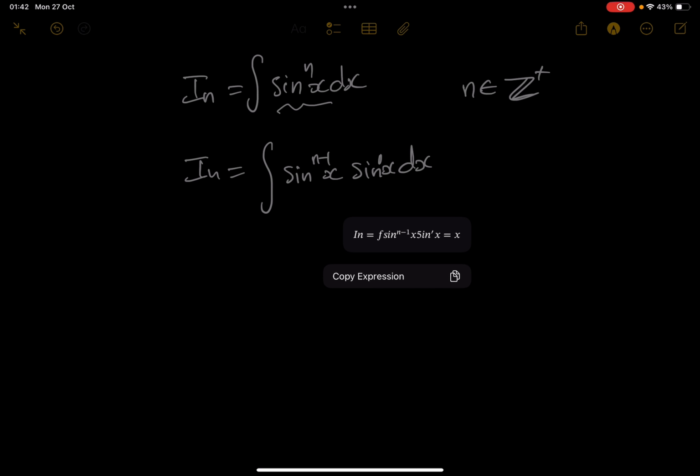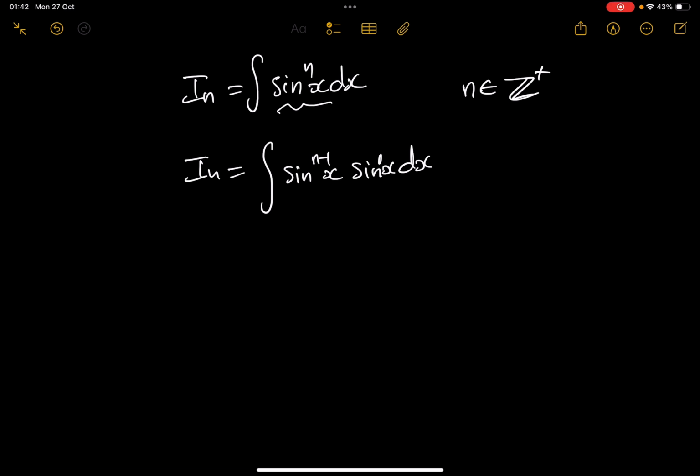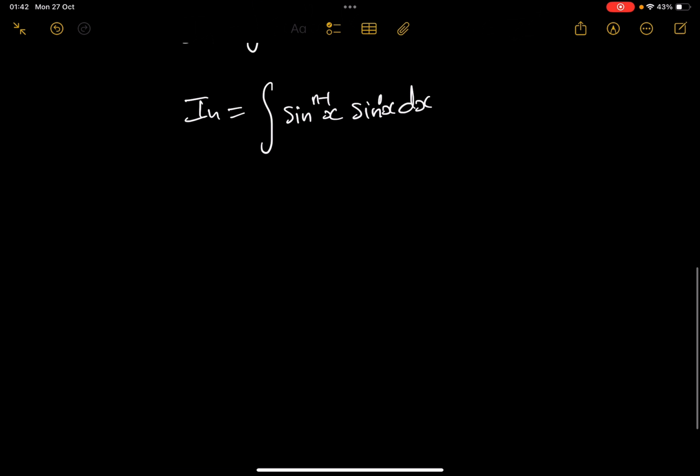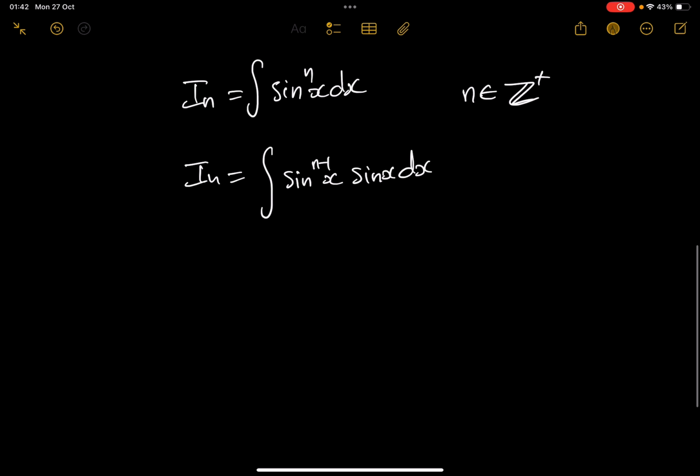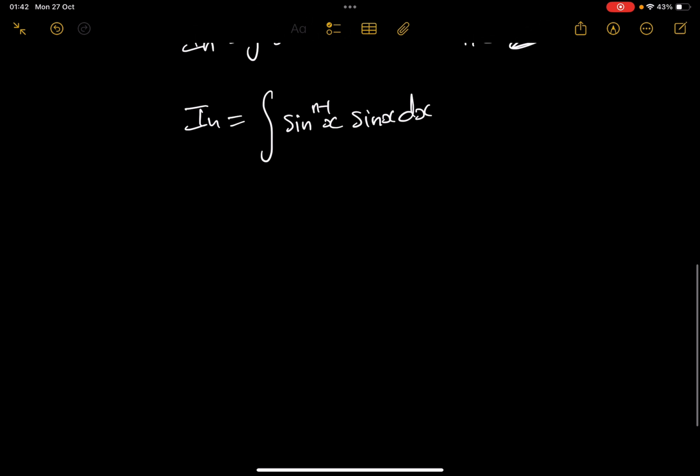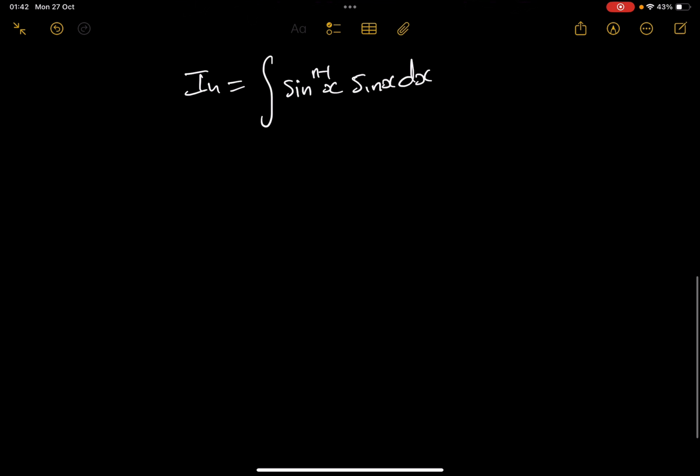If we multiply these two, we go back to where we started. Now we have factored out sine x from sine^n x, so we have two functions here, and obviously if you have two functions, we use integration by parts.